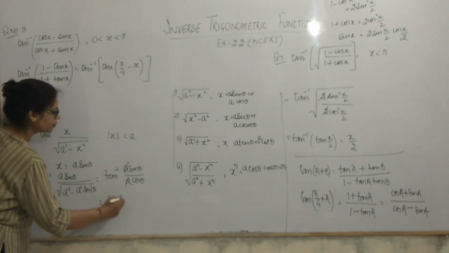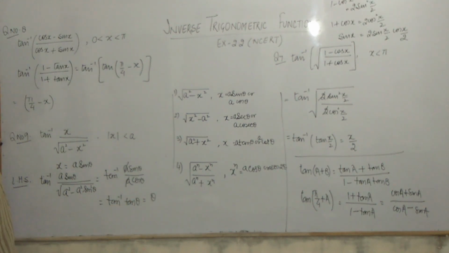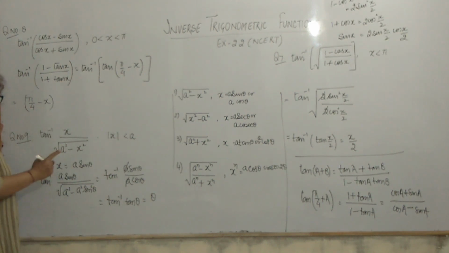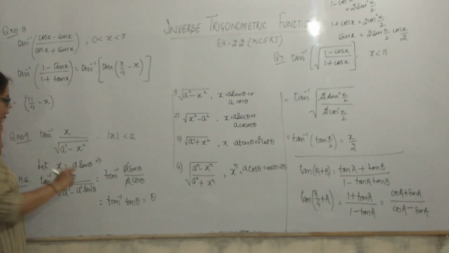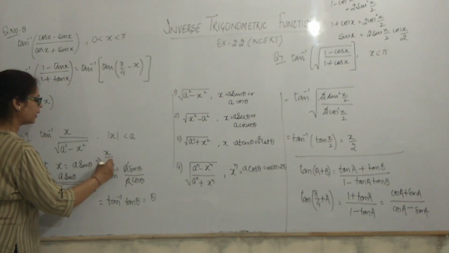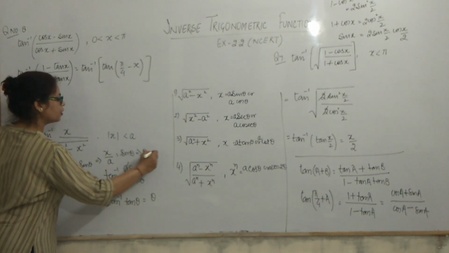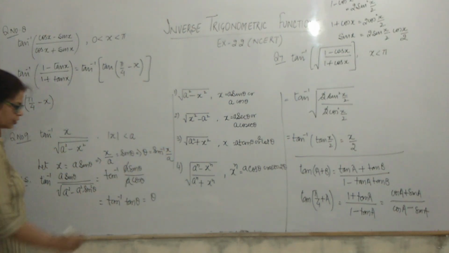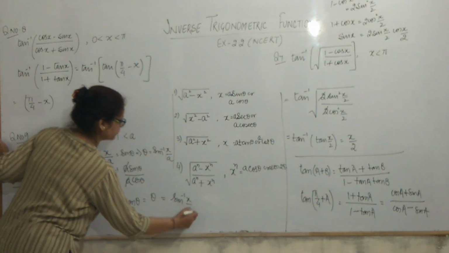Tan inverse tan theta is theta. But my question is not given in terms of theta, it is given in terms of x. What to do now? We have assumed that x is equal to a sin theta. Find theta in terms of x. Look, x upon a is equal to sin theta. So theta is equal to sin inverse x upon a. Right? So our answer is sin inverse x upon a.